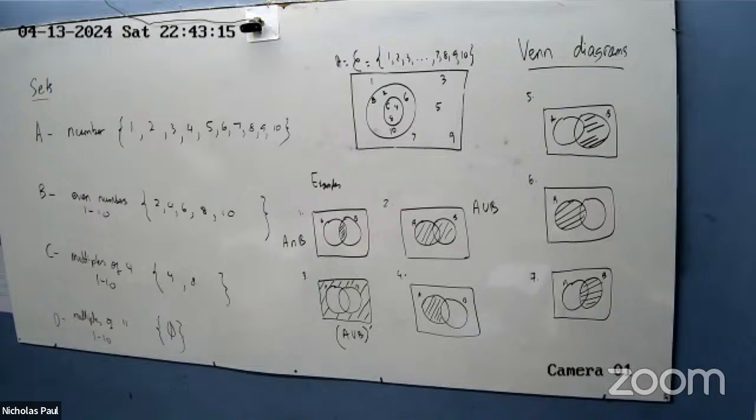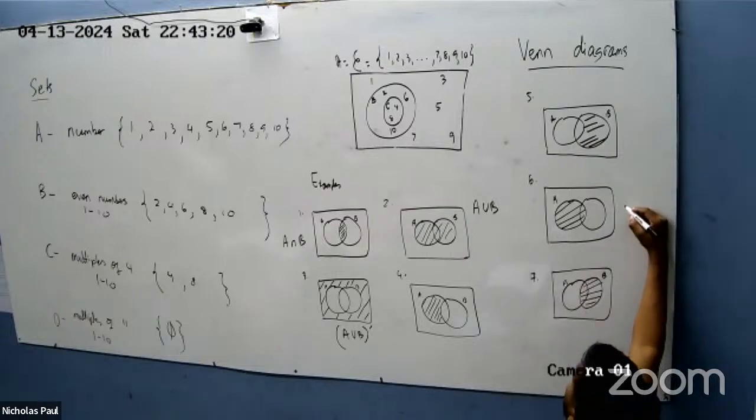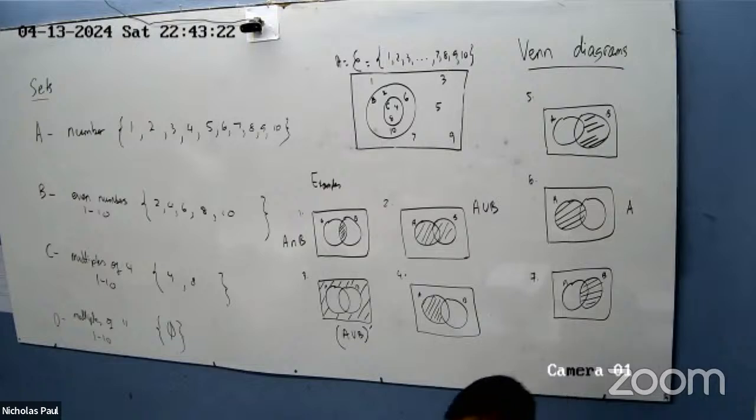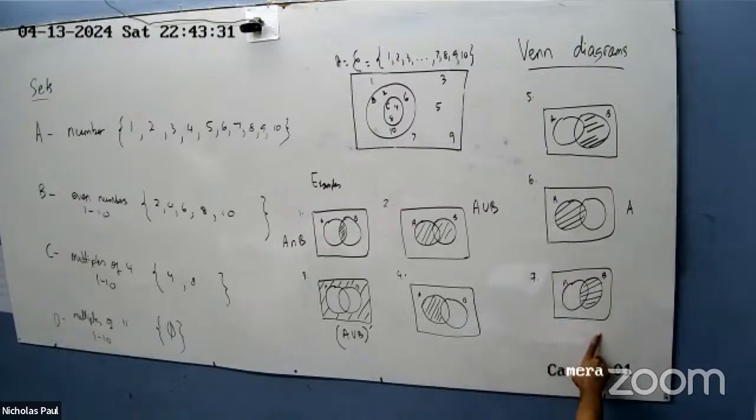It's just A. Yes, Megan, it's just A. Only A is shaded, so the answer is just A. Hamlet, number 7? Hamlet said B. Very good, and thanks for answering.